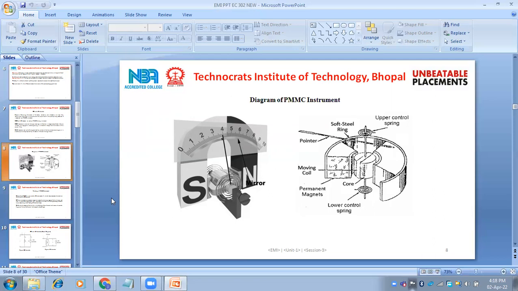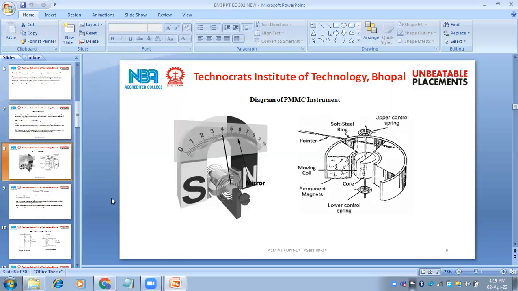There are two poles, north pole and south pole. And the pointer is connected with the upper control spring. This is made of soft steel material, and the core is generally made of soft iron. So the moving coil is there.